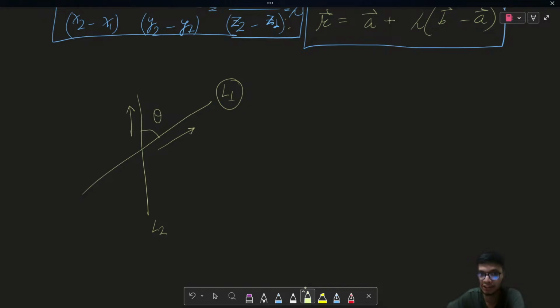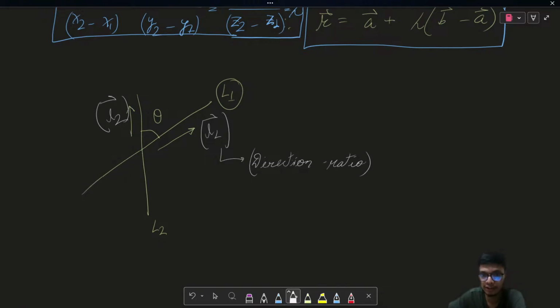So if I know the direction ratios, let us say the direction ratio of the first line is given as L1 vector, and of the second line as L2 vector.